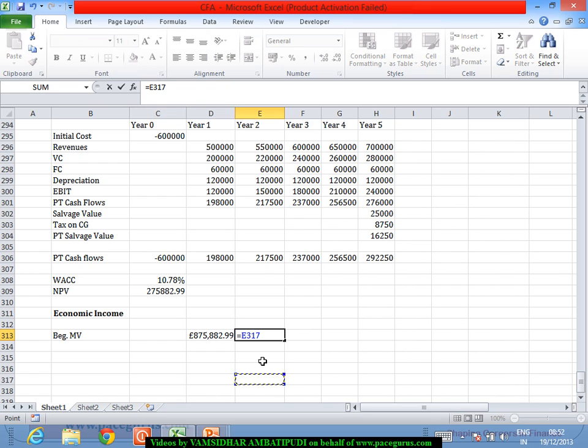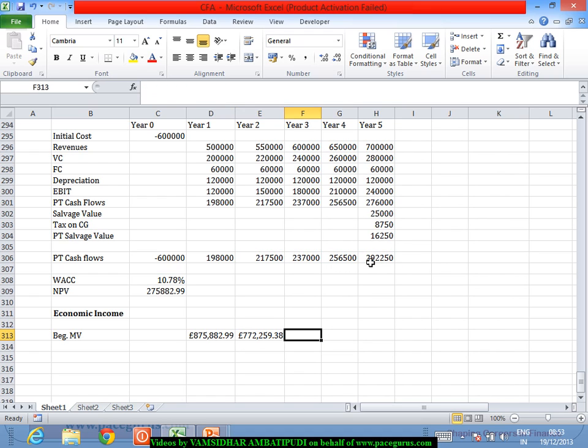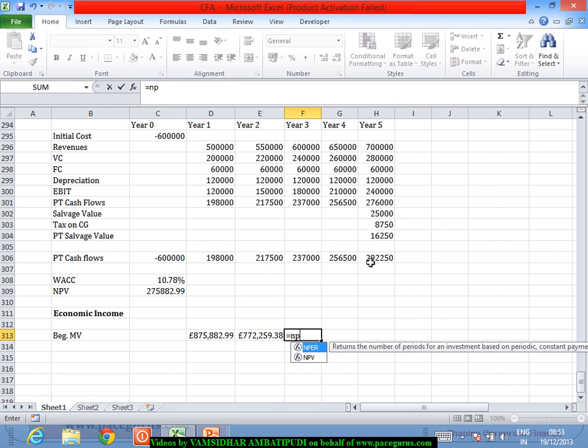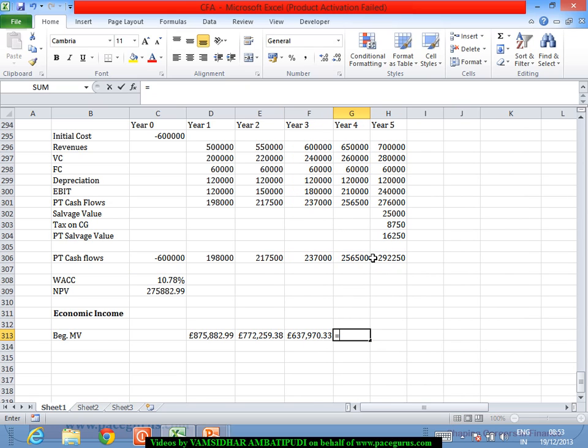Similarly, for each of the years I can do that, which will be the beginning market value of the asset. So I'll take the NPV at the same rate for these 4 years. This will give me the market value at the beginning of the second year. Similarly, at the beginning of the third year, the NPV is going to be 637.